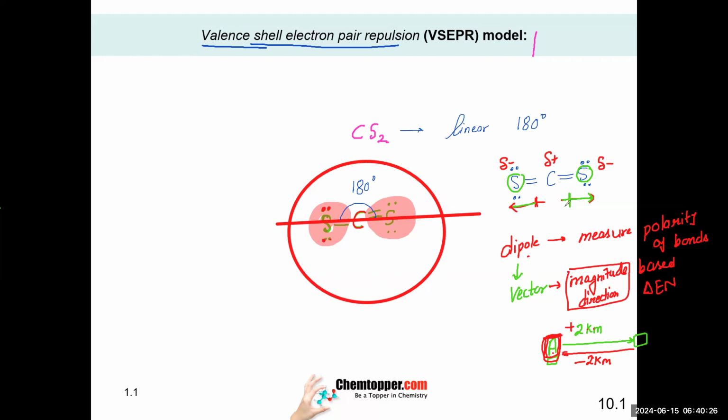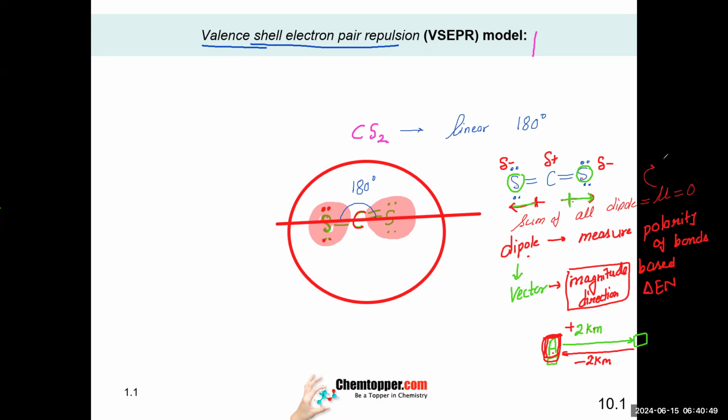So if magnitudes are equal, like atoms are same, polarity is same, but directions are reverse, the sum of all dipoles, which is called the dipole moment, is 0.